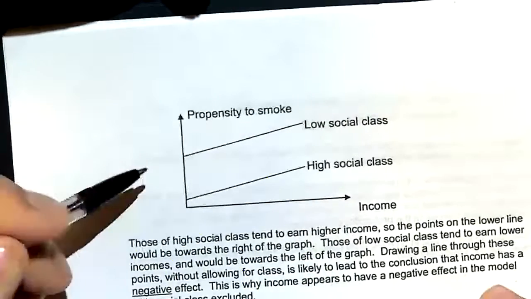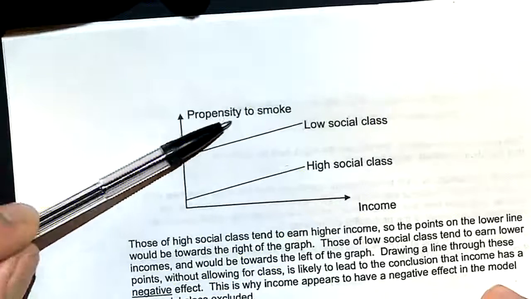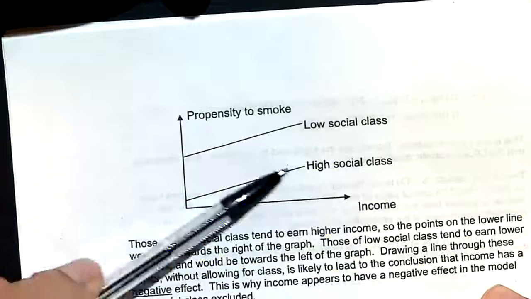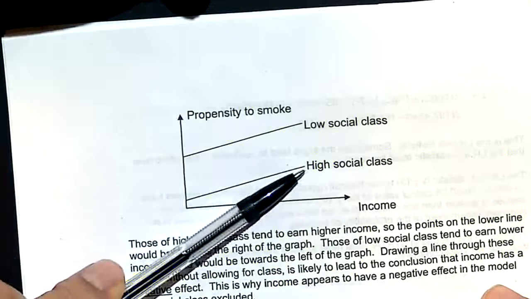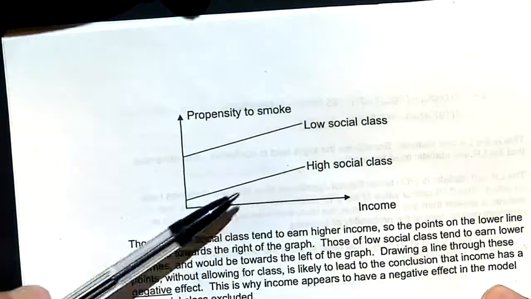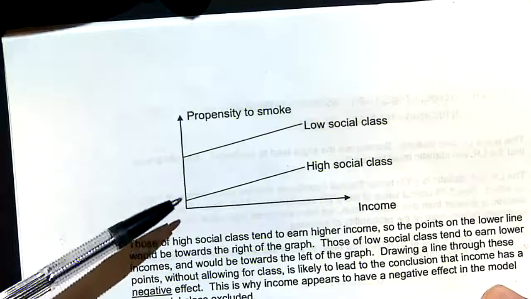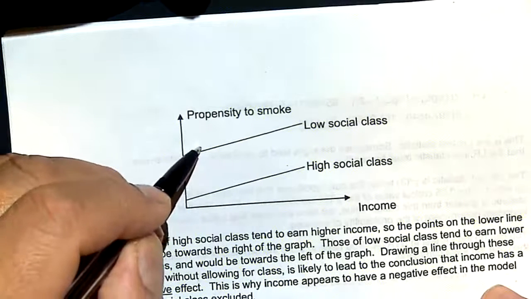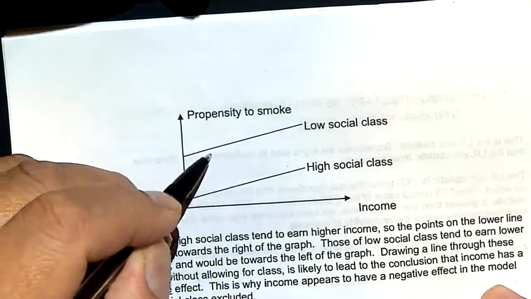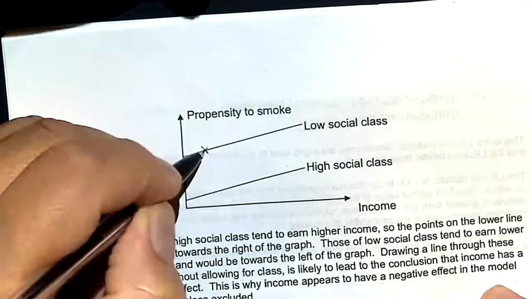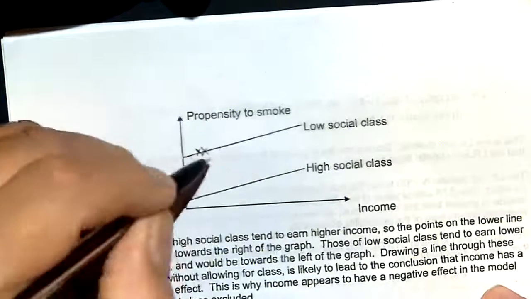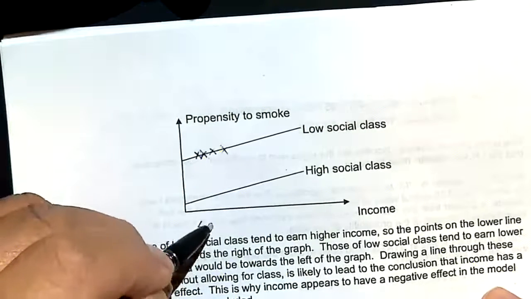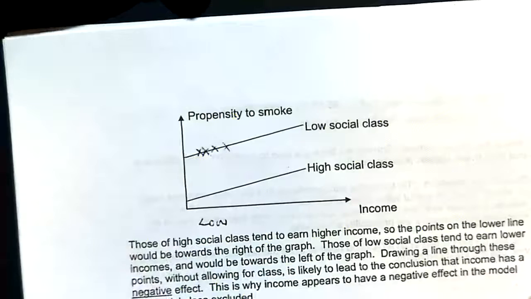Excellent, thanks, Mary. So what it means then is this propensity to smoke for the income variable operates through social classes, okay? Before you saw the negative effect, and that was because the density in the low social class of observations is likely to be at the low end of the income scale.